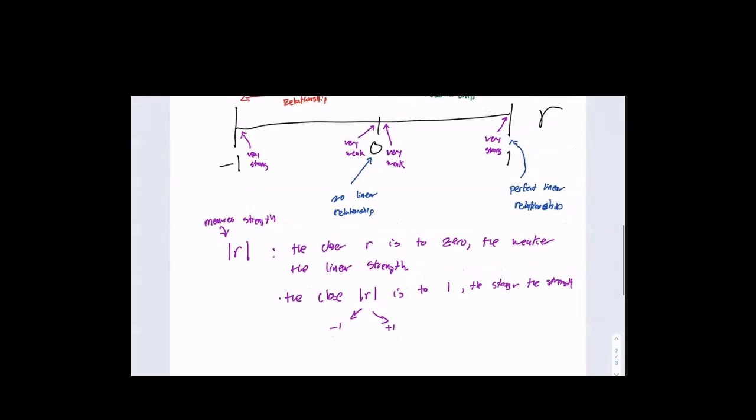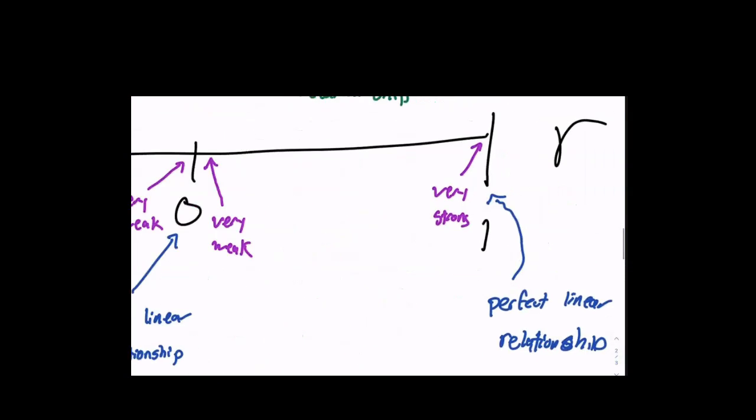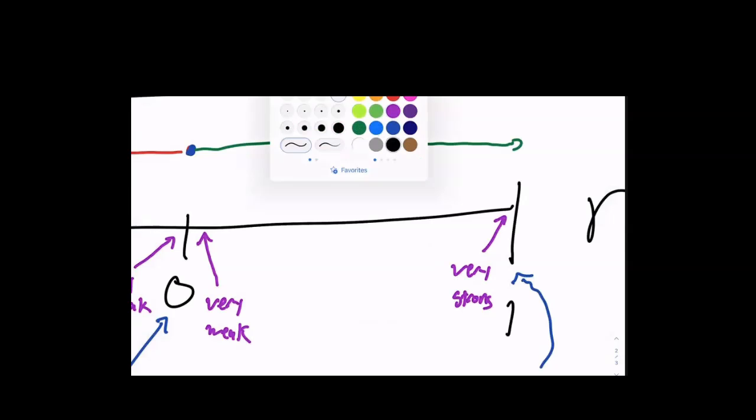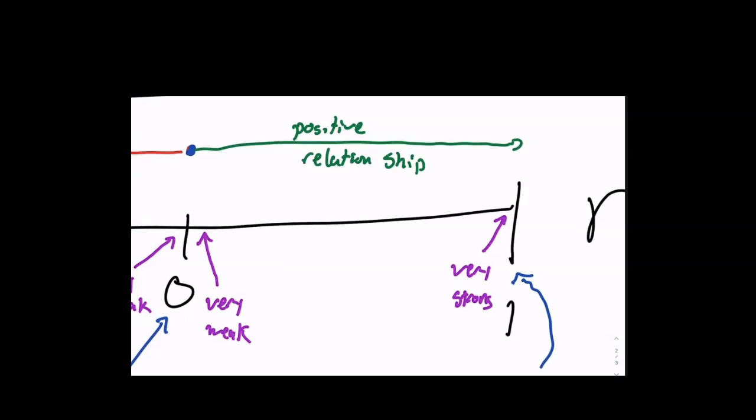So now let's focus on the positive one, because everything is just a reflection on the other side. There must be some definitive cutoffs. And why are these cutoffs what they are? They're used mostly as a guideline. They're not definitive, but for our purposes, they give us a very good idea of what's going on.